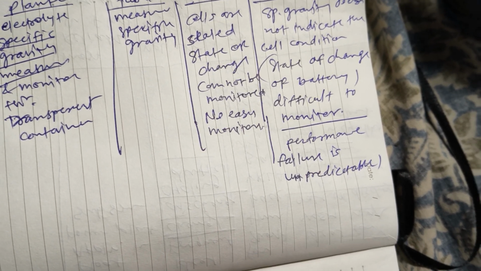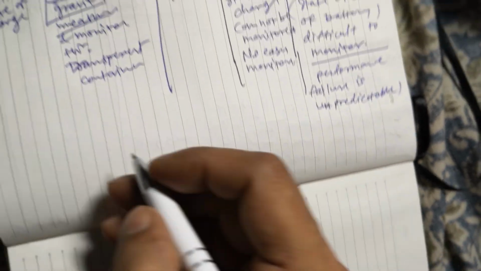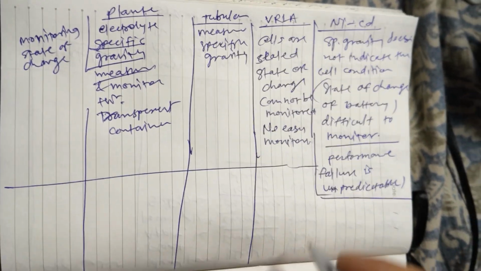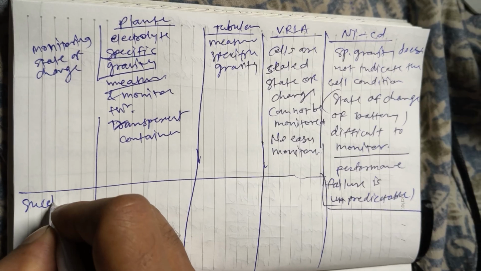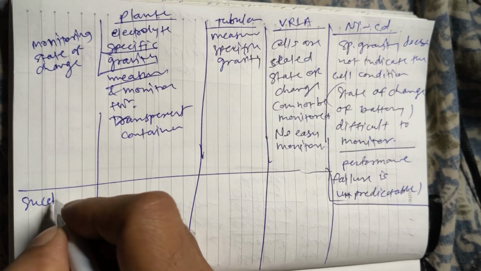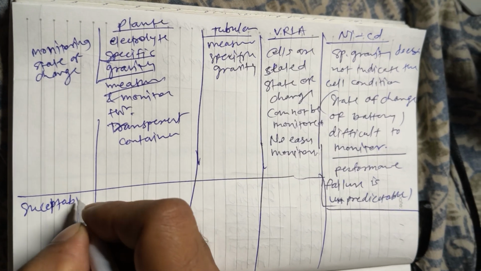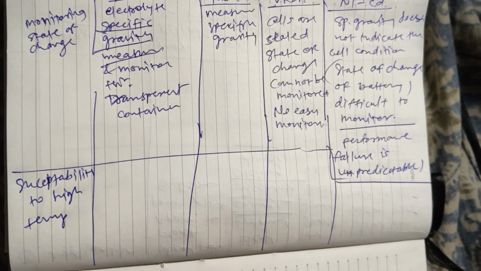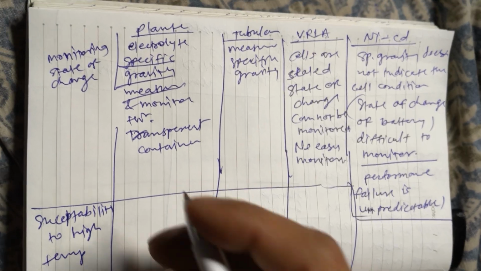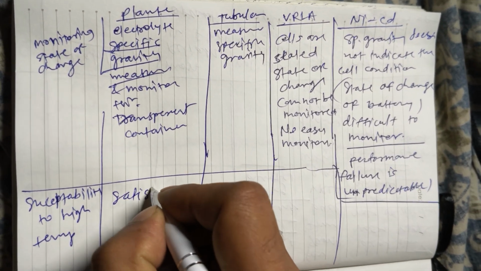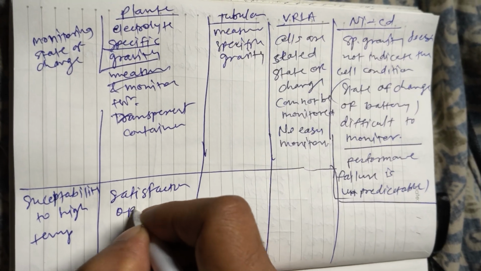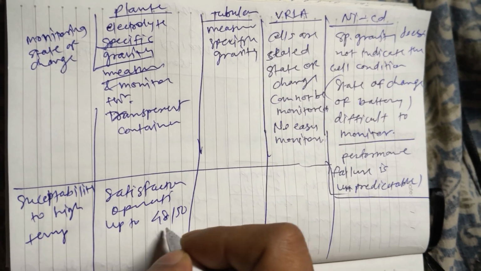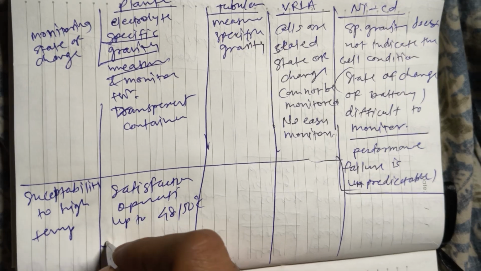Next characteristic, susceptibility to high temperature. Plante: satisfactory operation up to 48-50 degrees Celsius electrolyte temperature.